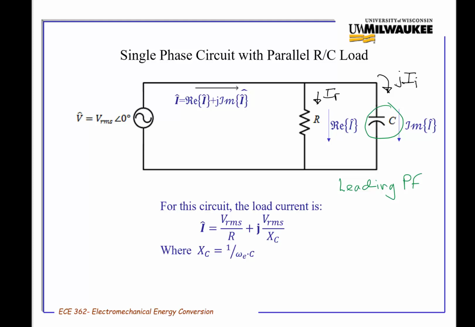Well, the reactance is going to be XC equals, this is the magnitude, 1 over omega times C. This comes from the fact that the voltage across a capacitor is equal to 1 over C times the integral of the current through that capacitor.